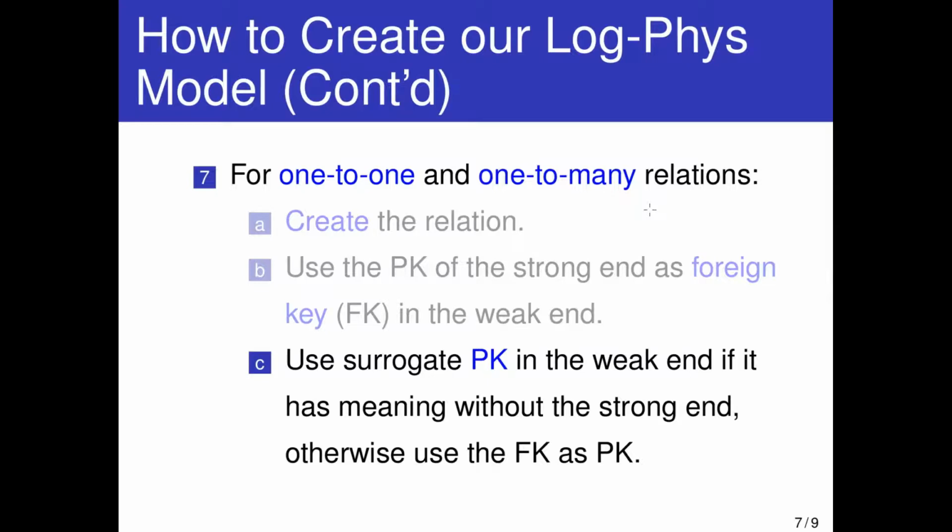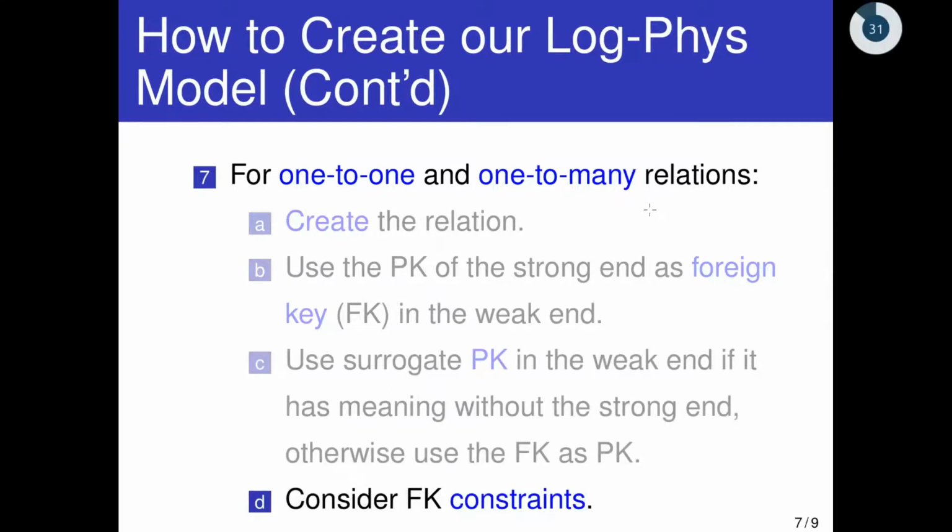For example, a doctor is a meaningful entity that has a meaning on its own, so we will give the doctor a surrogate key. Whereas, for example, the visit purpose has no real meaning without visit, so we will use the foreign key of visit purpose, which is the primary key of the visit, as primary key in visit purpose. Okay, but you will see this when we come to those relations.